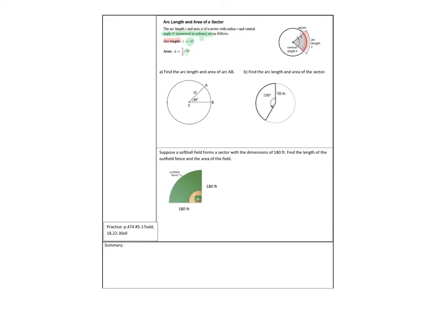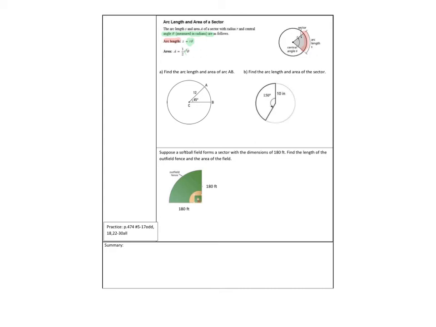And then the 1/2 falls in there in the calculation. So you can just trust me. It's going to be 1/2 times your radius squared times your angle in radians.